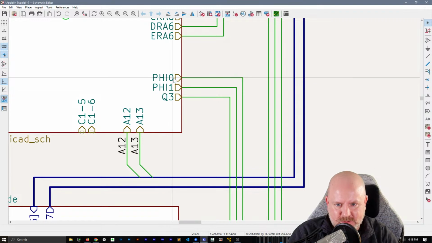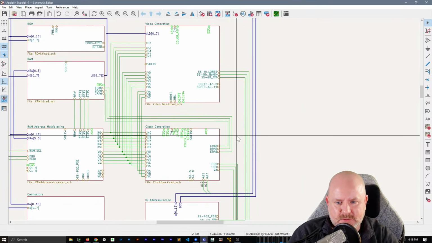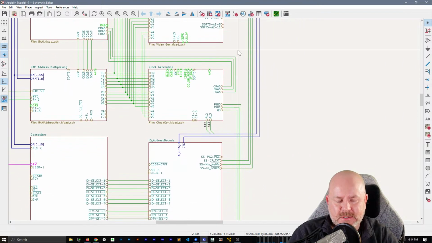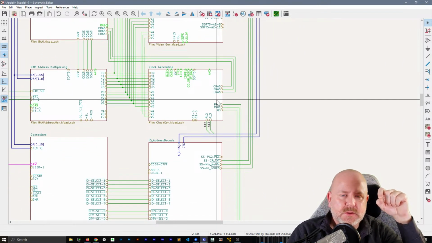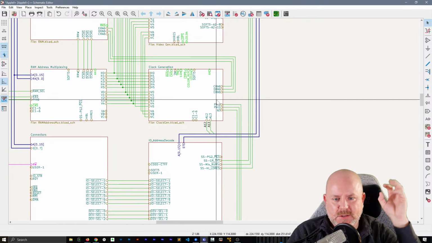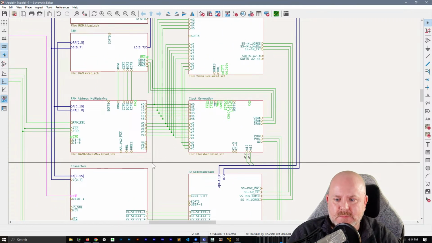Phase 1 is an inverse of phase 0, which I'm not 100% sure of all the places it gets used. The difference between phase 0 and phase 1 is something I haven't gotten very familiar with because in the Mega 2, that's all internal to the chip. The only thing that comes out of the Mega 2 is phase 0. I don't think phase 1 comes out.